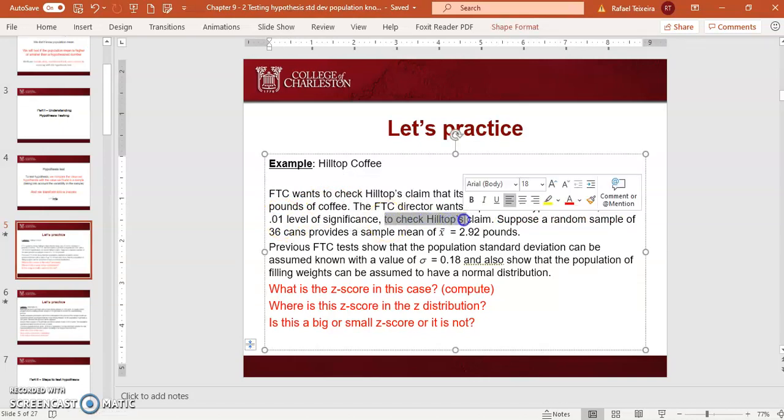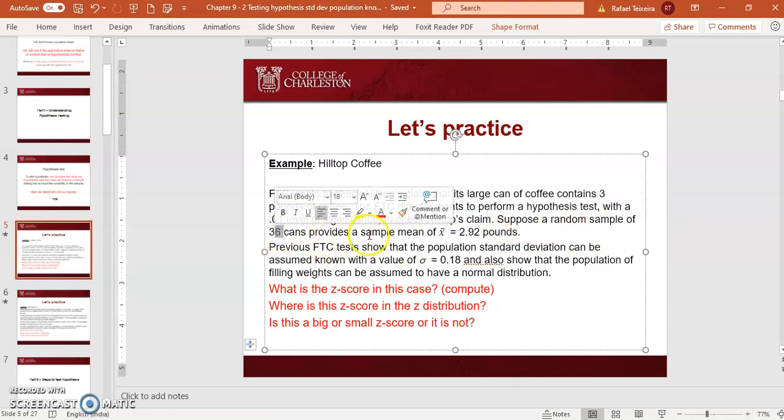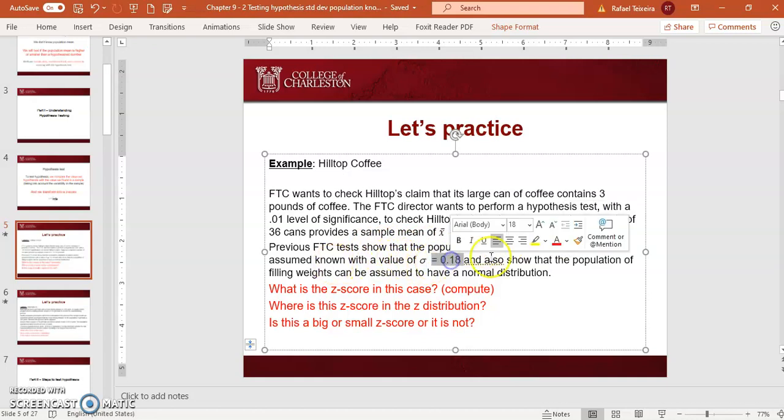Suppose a sample of 36 cans, so we have our sample size, provides a sample mean of 2.92. Previous studies show that the population standard deviation, very important keywords, population standard deviation, can be assumed to be this amount, and also that the population filling weight can be assumed to have a normal distribution.